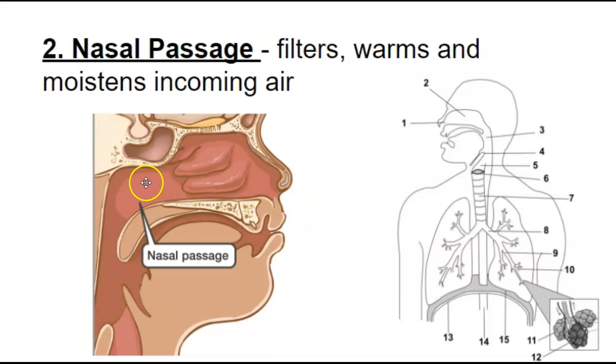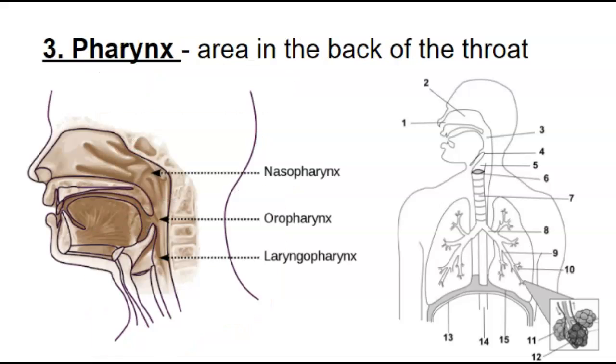Now, once air goes in through your nose, we're going to say it goes in through your nose. We know we can breathe through our mouth too, all right? It's going to head to the back of the throat here. And we have a name for that. We call that the pharynx. It's this whole region in the back of your throat and the back of your nasal passage.